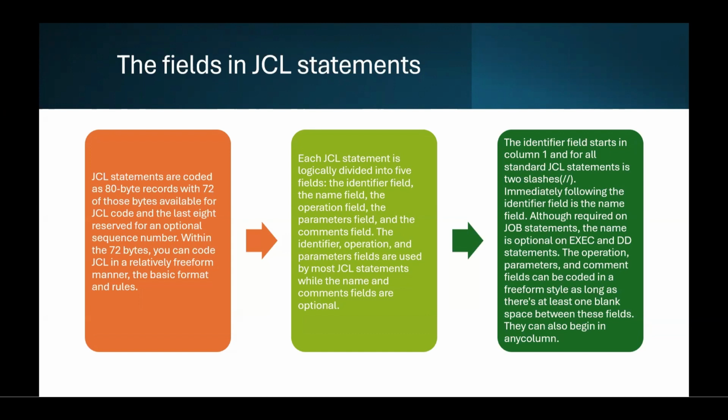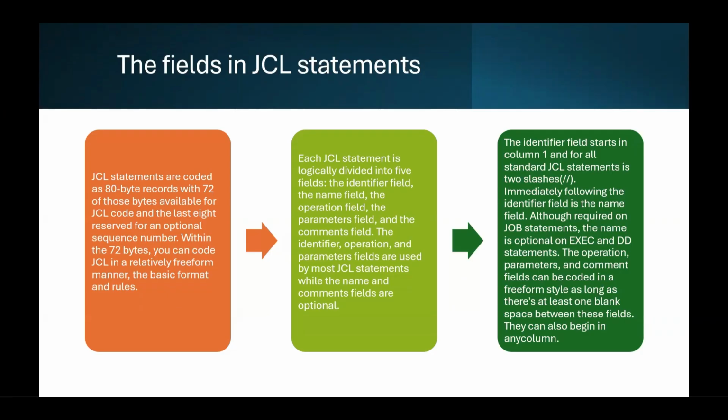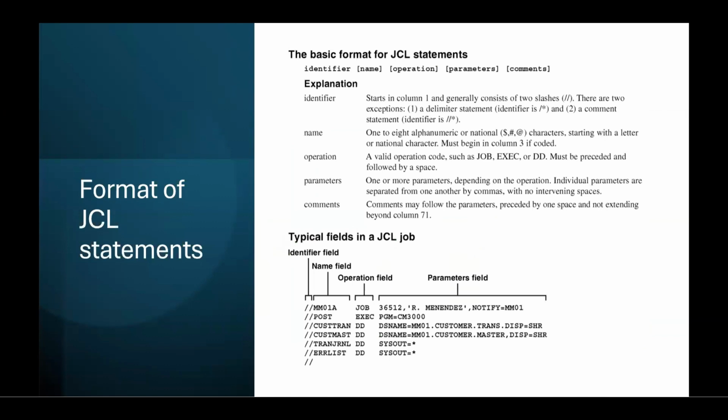Okay, so let me give an example so that I can easily explain the JCL field parameters. If you're writing a JCL, we'll be having some basic format about the statement. First one is the identifier field, which starts in column 1 and generally consists of 2 forward slashes, and there are two exceptions.